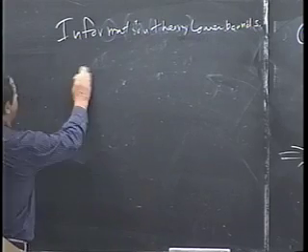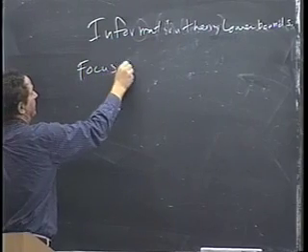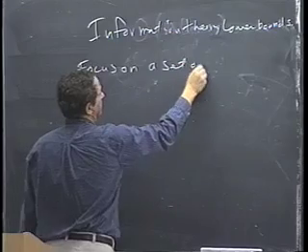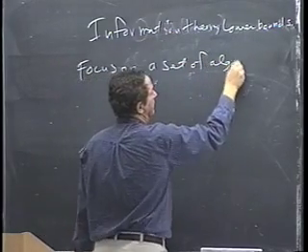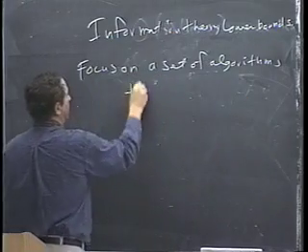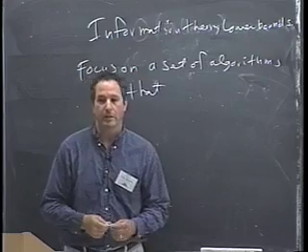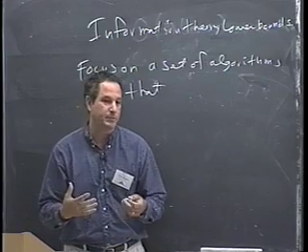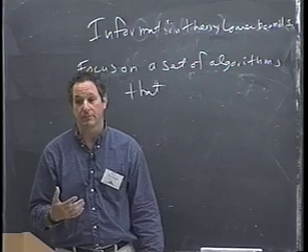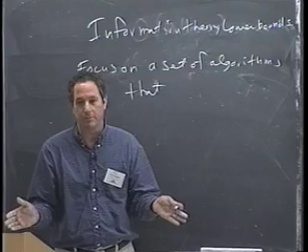So basically I'm focusing on a set of algorithms that work in the following way. They do some computation which does not involve branching. And then they branch. They make some binary branching, some comparison.